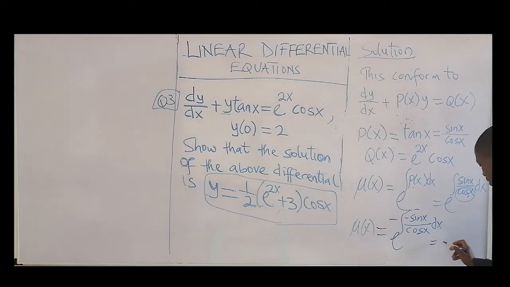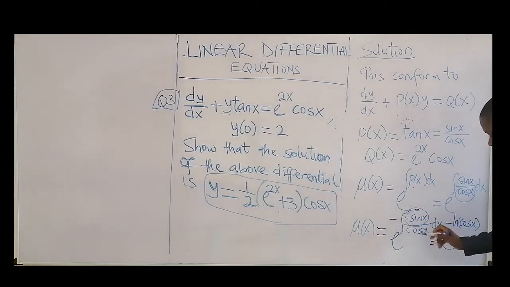And in that case now, that will give you minus ln of the logarithm of the denominator. Whenever the numerator is equal to the derivative of the denominator, that will correspond to the logarithm of the denominator.